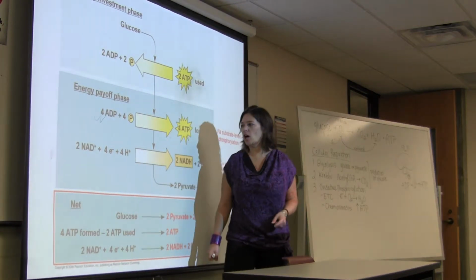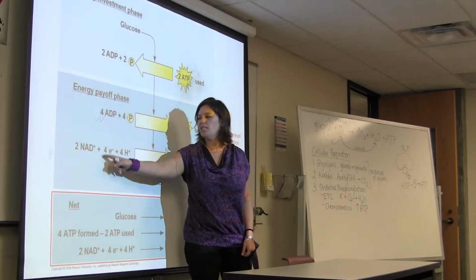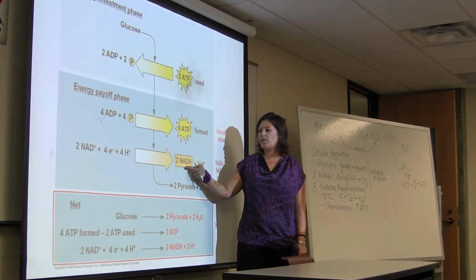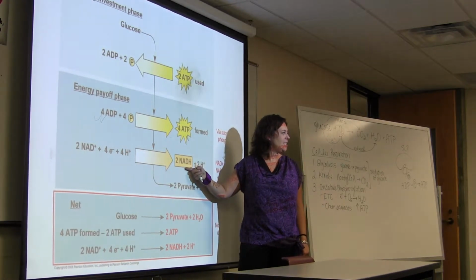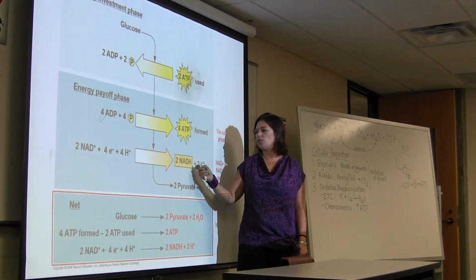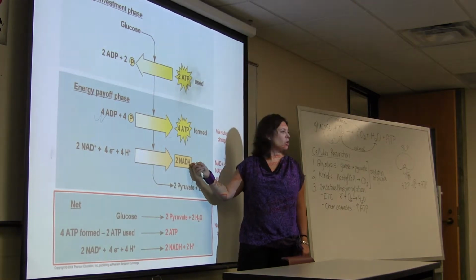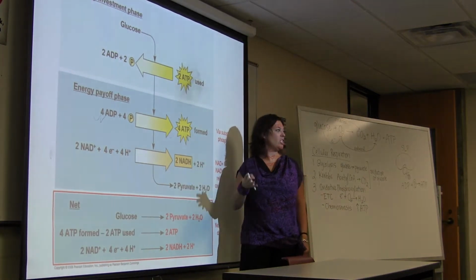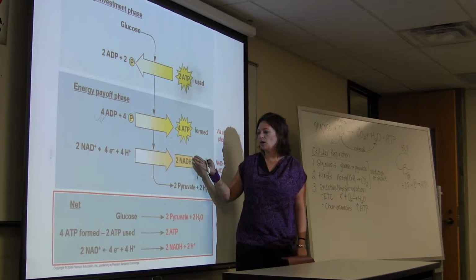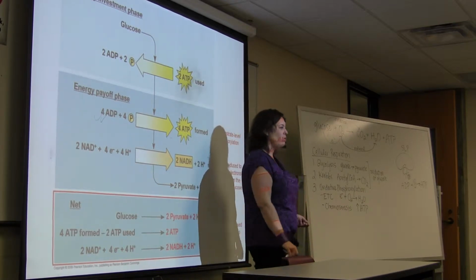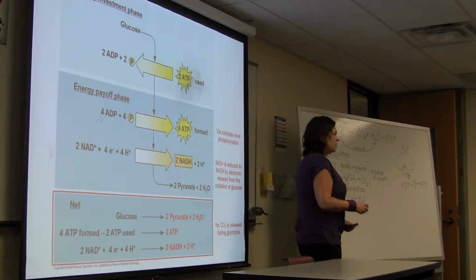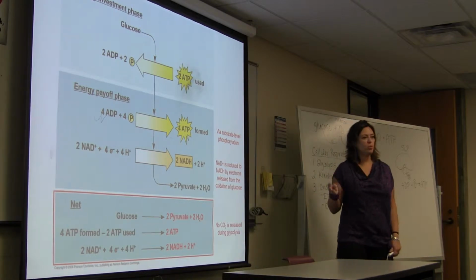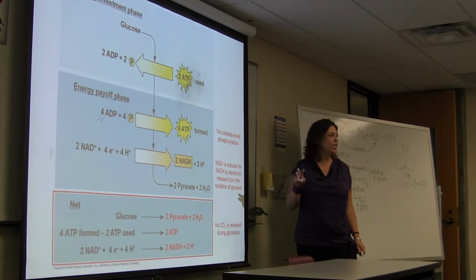And then after glycolysis, you pick up a few of these electrons, and so you end up making 2 NADH. And so this NADH represents the electrons being bound to it, that it's actually carrying the electrons. And so the products you need to know for glycolysis, 2 ATP, 2 pyruvate, and 2 NADH.